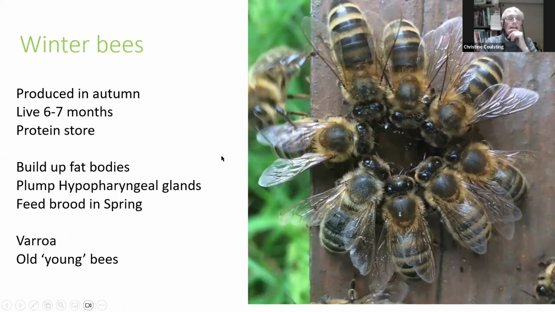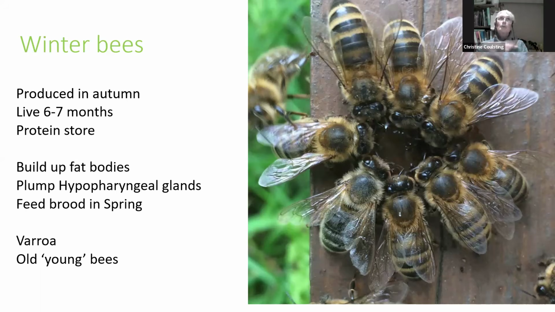So winter bees tend to be produced in the autumn, and they live for 6-7 months. The winter bees are feeding off lots of pollen, and what tends to happen in the autumn, as we know, is the queen's rate of lay of eggs is reducing, the brood is reducing.